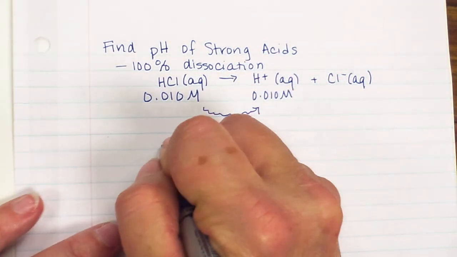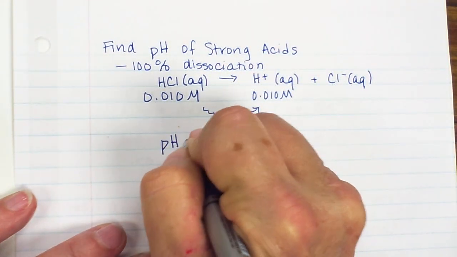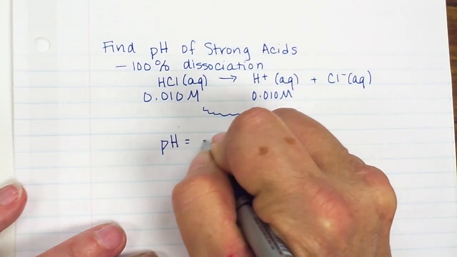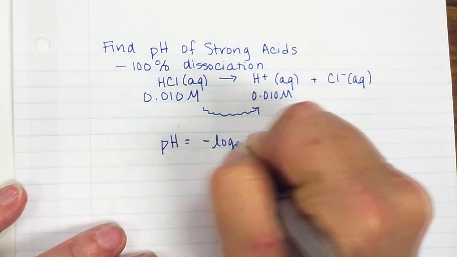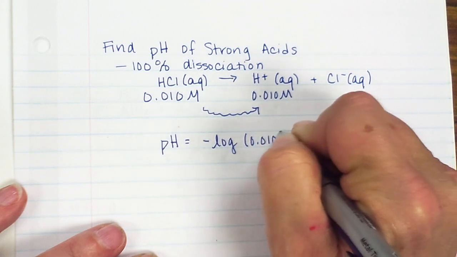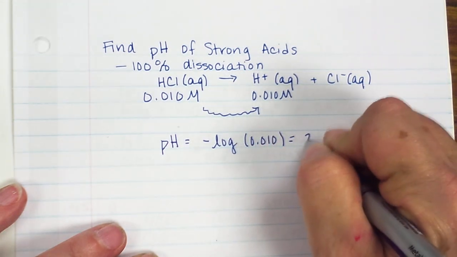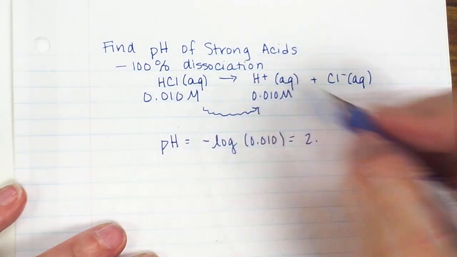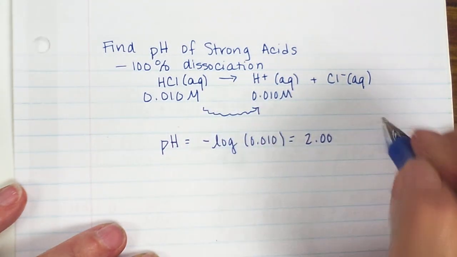So the pH is going to be equal to negative log of 0.010. And that's going to be equal to 2 significant digits, 2.00.